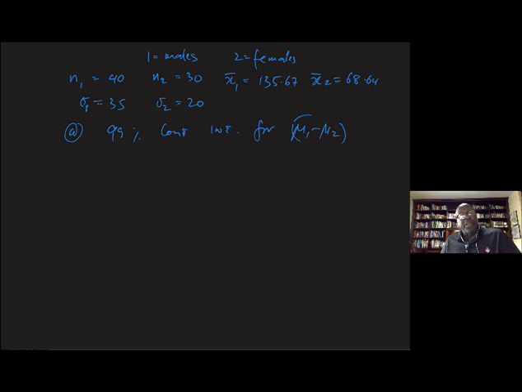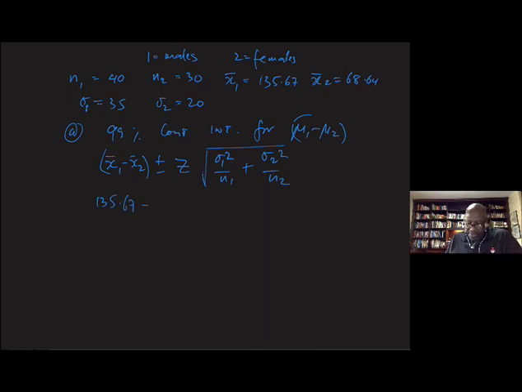So when we look at this particular problem, we see that since the variances are known, we would use this formula, x bar 1 minus x bar 2 plus or minus our critical value, z, times the standard error, which is the square root of sigma 1 squared over n1 plus sigma 2 squared over n2. So that's the formula that I gave you earlier when the variances are known. So all we got to do is substitute the values.